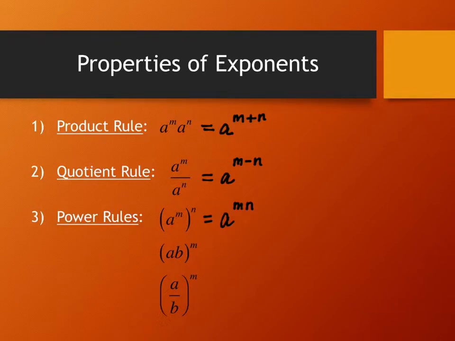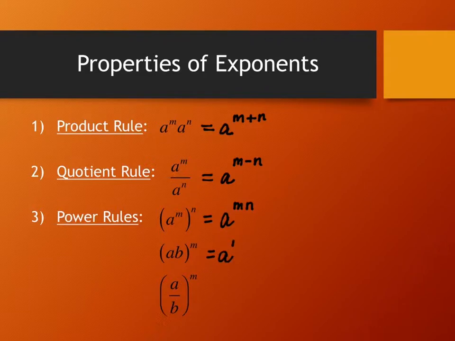All right, the last two go together as well, like the first two did. These feel like there's some sort of a distributive property going on. It's not really what's going on, but it feels kind of like that. The idea is that if I have ab times ab times ab a whole bunch of times, I could collect all the a's at the front, and I could collect all the b's at the back, and if I counted them up, there would be m of them.